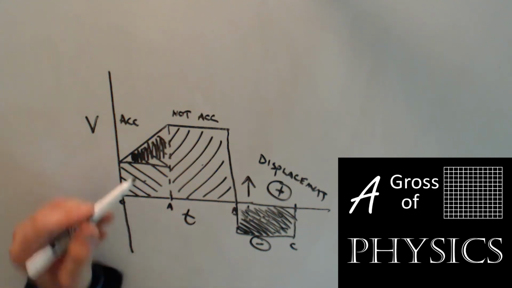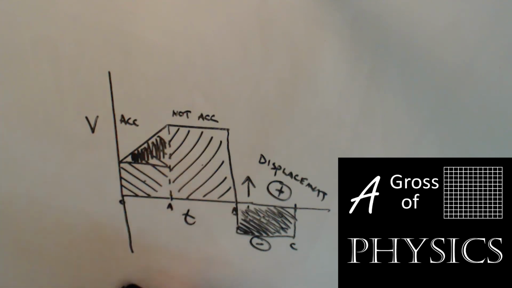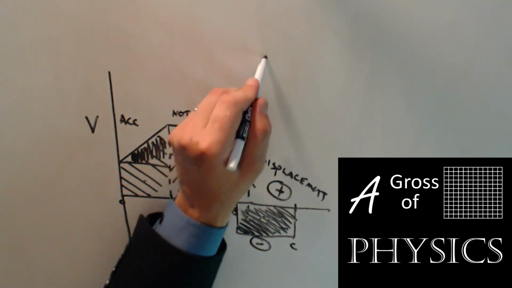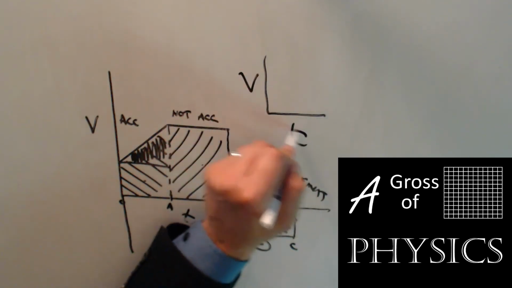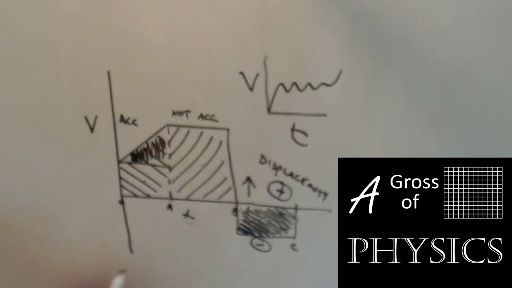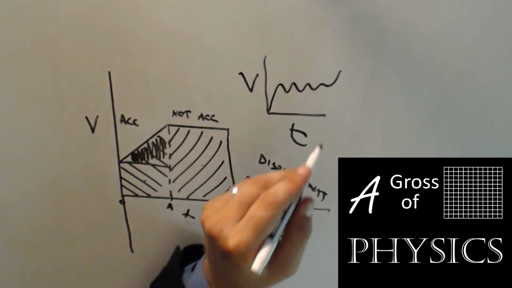But in this case, the shapes help guide us. And we're going to stick to typically shapes that are triangles or rectangles in this course. You could deal with shapes that are curved, but we're getting into more calculus. And really, you could deal with a curve just with estimation. But if you wanted to find the area under a curve that is literally a curve, here's your VT graph, and you want to find the area under that, what you would need to do is use calculus.